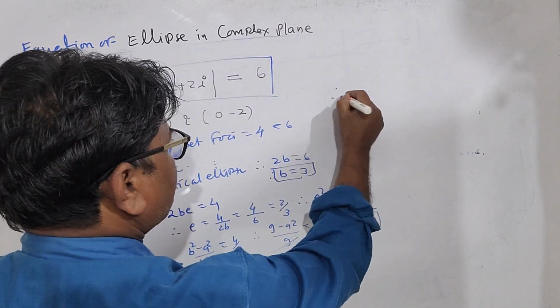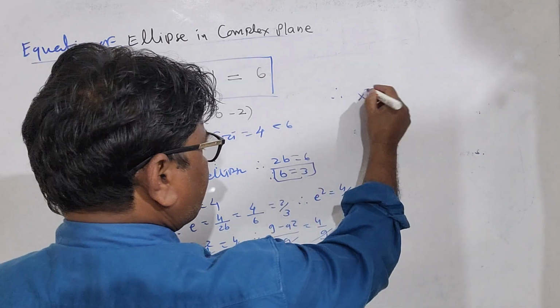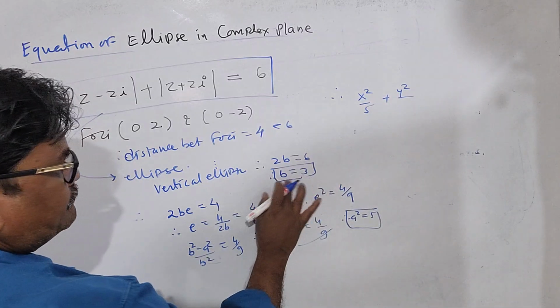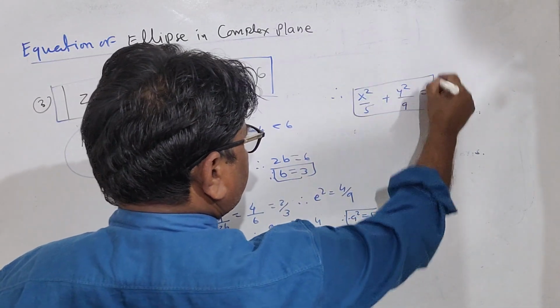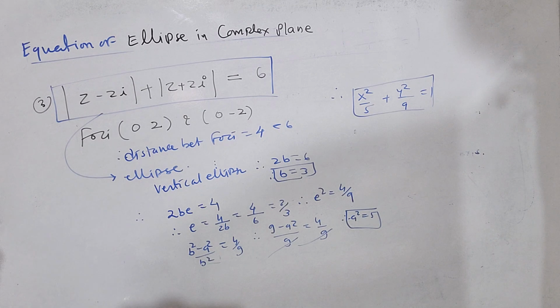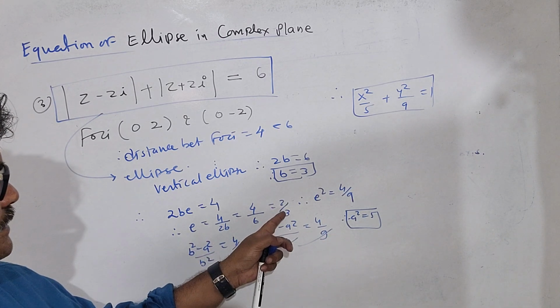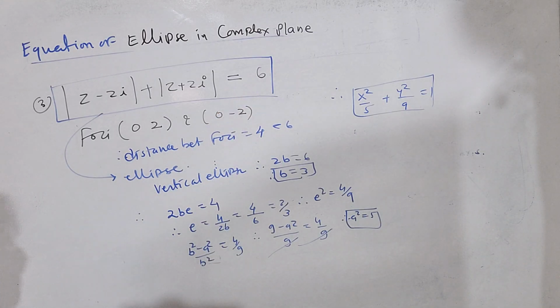So your ellipse in coordinate form is x square by 5 plus y square by 9 equal to 1. Eccentricity is 2 by 3. Length of major axis is 6. And all the characteristics you can find out over here.